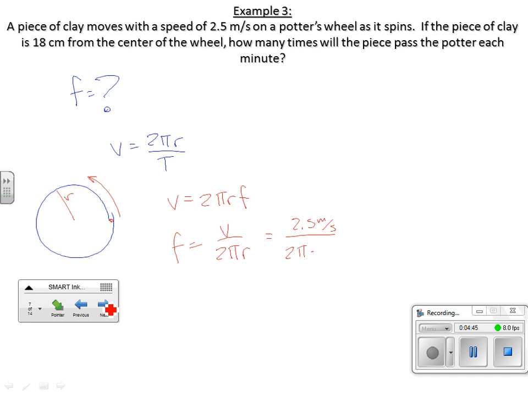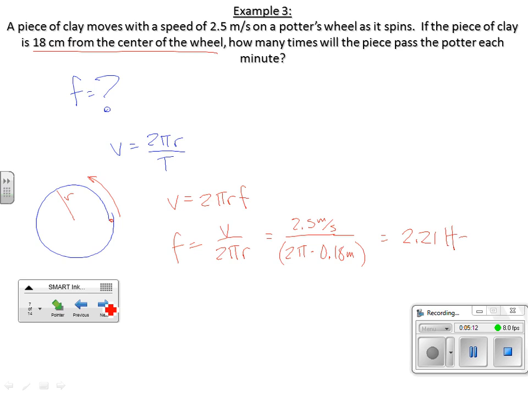It does say the piece of clay is 18 centimeters from the center, so that is the radius, 0.18 meters. Parentheses for all you folks that have trouble with that: 2.5 divided by parentheses 2 times pi times 0.18 close parentheses. So I get a frequency of 2.21.